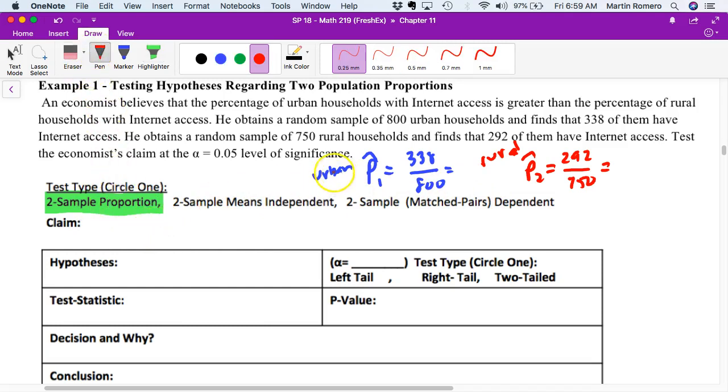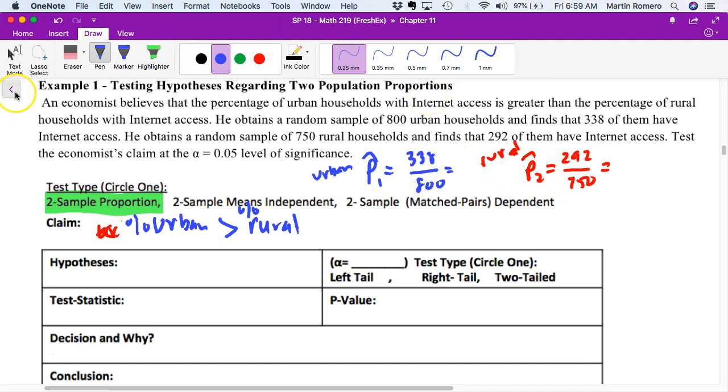Right now the claim is that urban has greater than rural. That is our claim. And it looks like if you do the calculations that possibly that's true, if we do the decimals for those. And so we'd be comparing them.